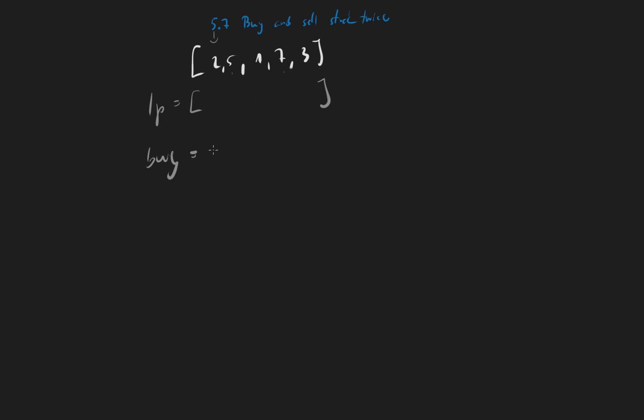It can be initialized to 2, and we can say, okay, cool, 2 minus 2 is 0, so our profit is 0. Can move forward, so 5. If we sell at 5 but we bought it at 2, our profit would be 3, right? And of course, buy can be updated, which is still 2.